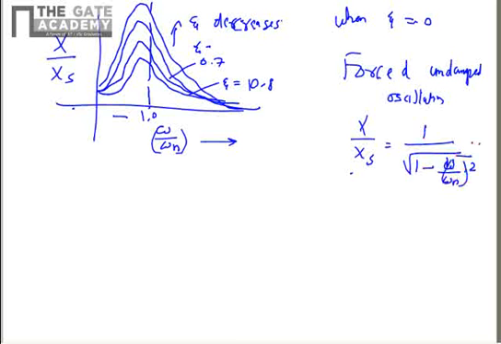In this case you see that when omega is equal to omega n, the forcing frequency is equal to natural frequency, X is infinity. So amplitude is infinity. So this is a condition which is called resonance.